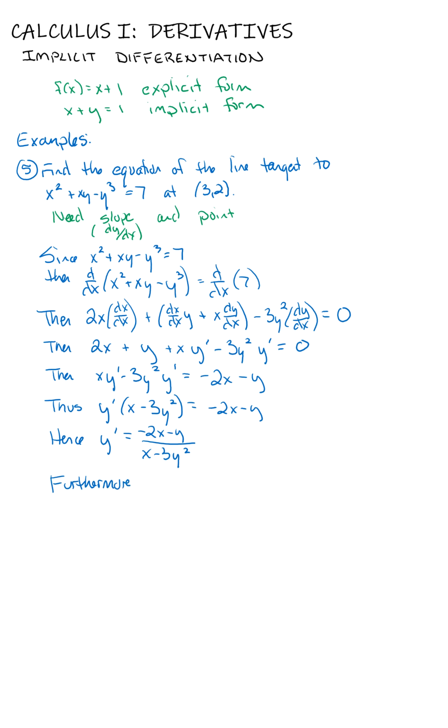Of course, we've got this point 3, 2. Evaluating y prime at that point, notice you could also write this notation to say that we're going to evaluate y prime at that point 3, 2. We get negative 2 times 3 minus 2 over 3 minus 3 times 2 squared.